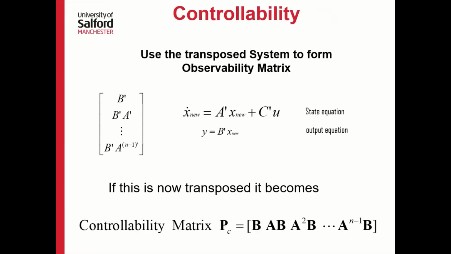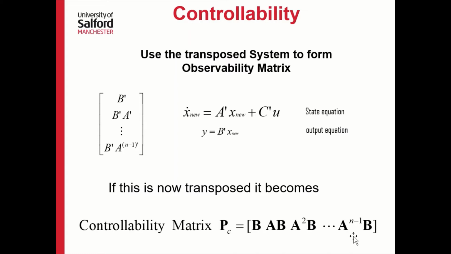So when we come down to doing the controllability matrix, if we take our transposed system and work out the observability matrix, it becomes B transposed, B transposed A transposed, all the way down to B transposed A to the n minus 1 transposed. If we transpose this matrix, we get this matrix here, which is in fact the controllability matrix.